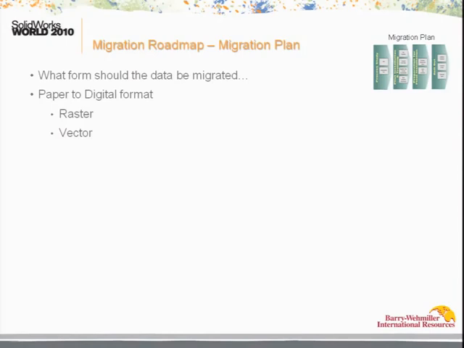And later on in the presentation, I am going to talk a little bit about a case study wherein we did a project for a group company which had 600,000 paper drawings from 1890 to about 1970-75 when they switched over to AutoCAD.